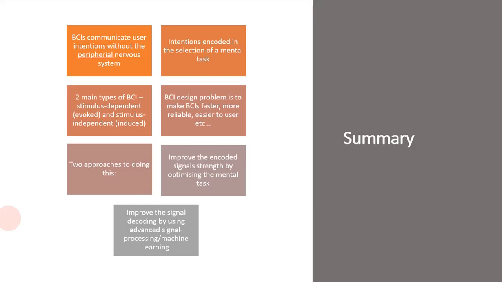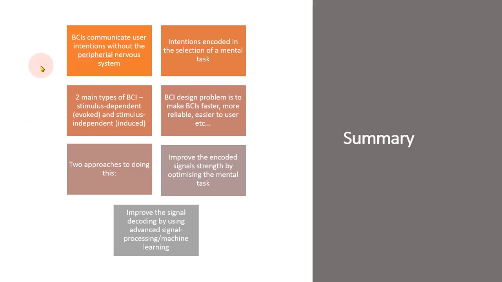Let me summarize these overall introductory lectures to BCI. We have discussed that the BCI communicates the user's intention without the use of the peripheral nervous system. So BCI uses only data coming directly from the brain in its definition.